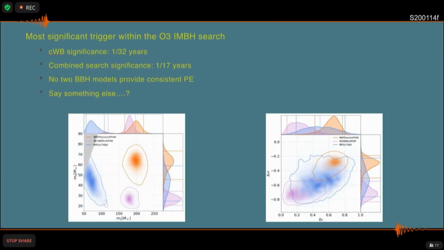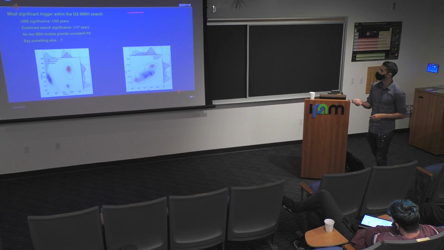There have been more detections of gravitational waves since we produced this study. There are a few events in the GWTC-3 catalog that are interesting. There is another one in the GWTC-2.1, but I was particularly interested in this one. This event is S200114, so it's not yet cataloged as a gravitational wave.